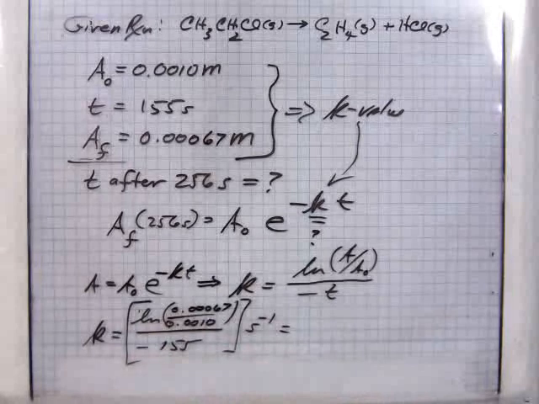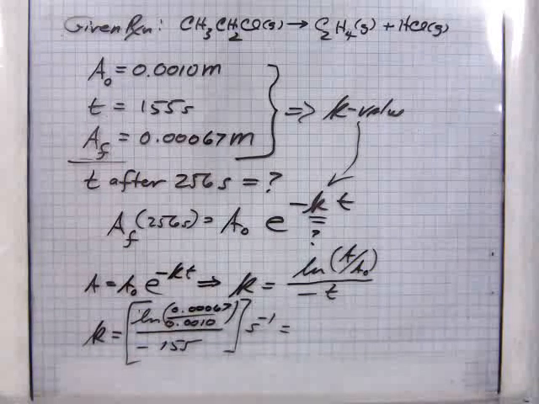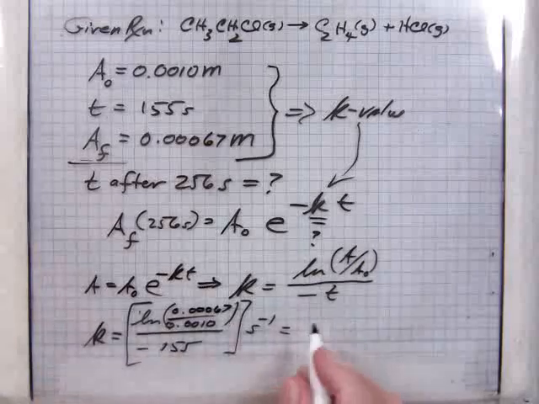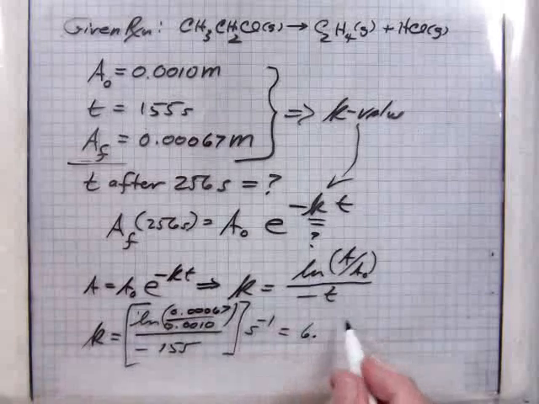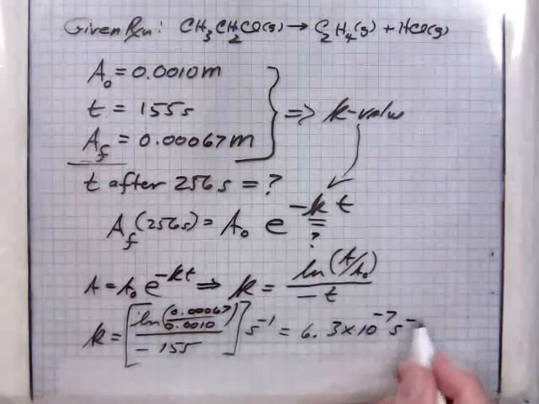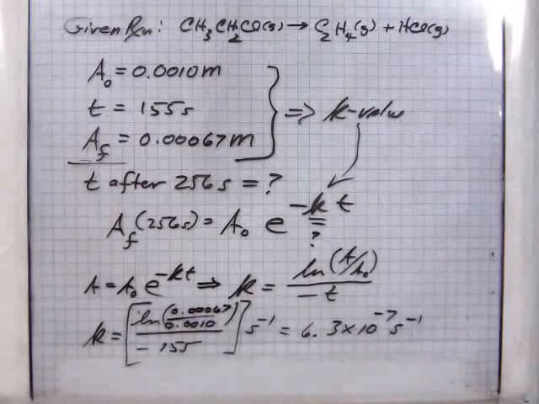So 0.00067 divided by 0.001, take the logarithm of that, divided by 155, and I get here for k 6.3 times 10 to the minus 7 seconds to the minus 1. So there's your rate constant.